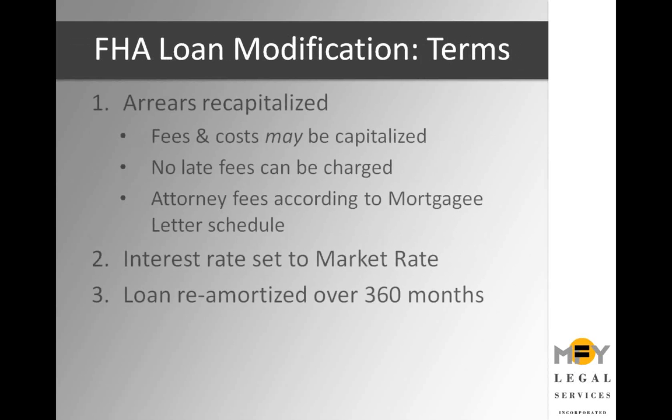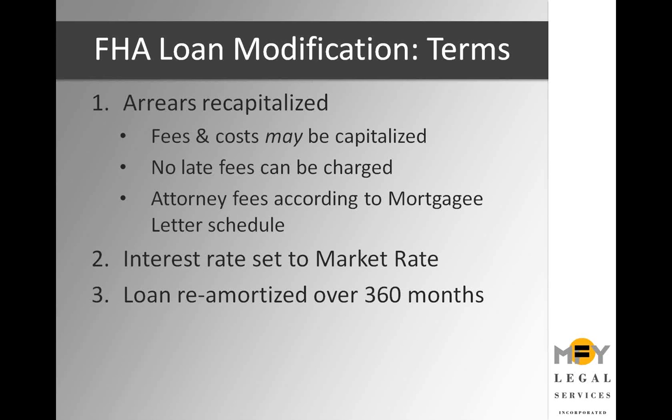So the terms of the loan modification for FHA loan modification. Basically, all the arrears are recapitalized, including accrued interest, fees, and costs, but not late fees. Their attorney's fees are allowed to be recapitalized, although there's a mortgagee letter that sets a schedule of attorney's fees.